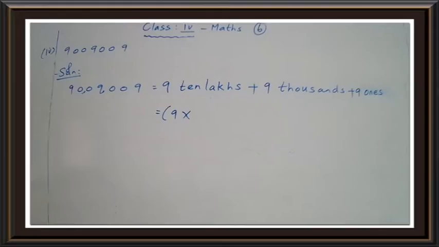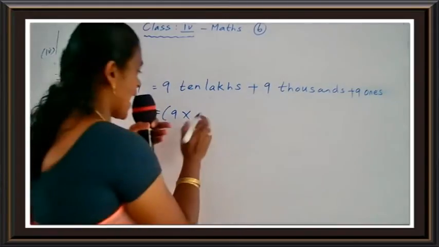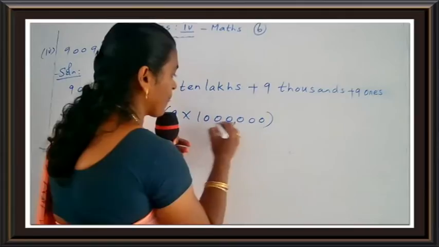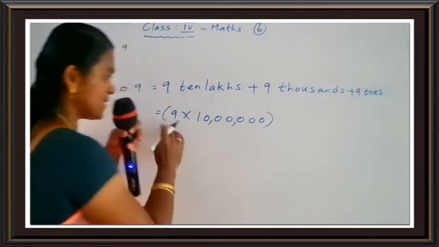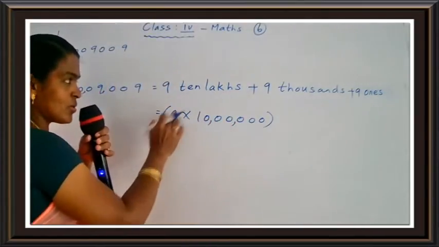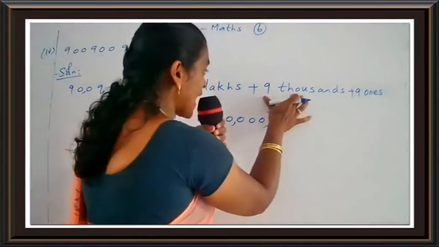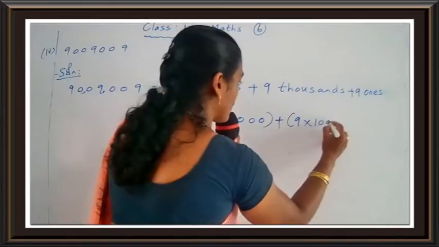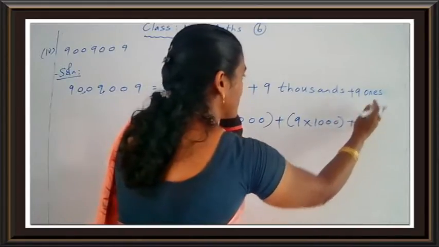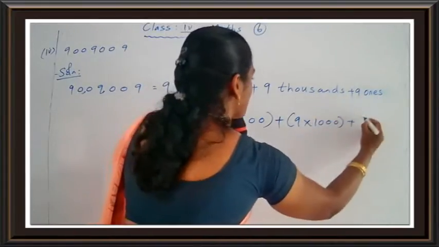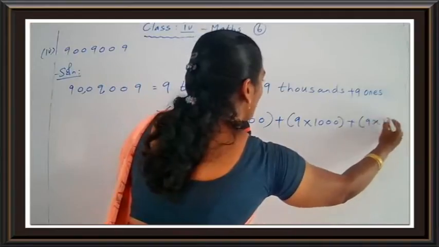Okay, 9 into 10 lakh, plus 9 into 1000, plus 9 ones, so 9 into 1.